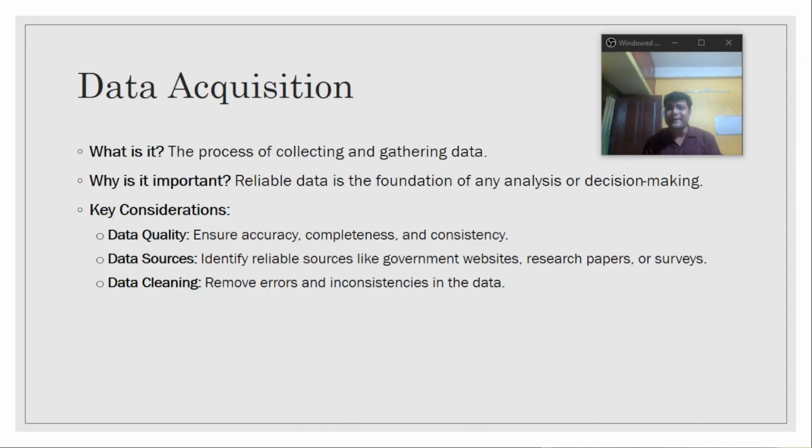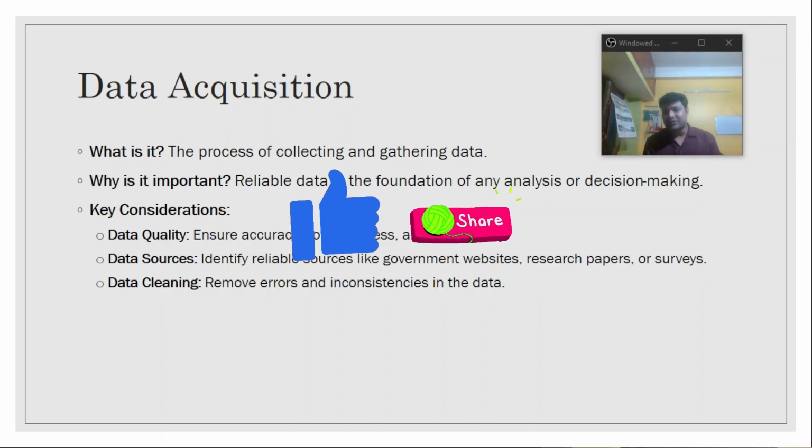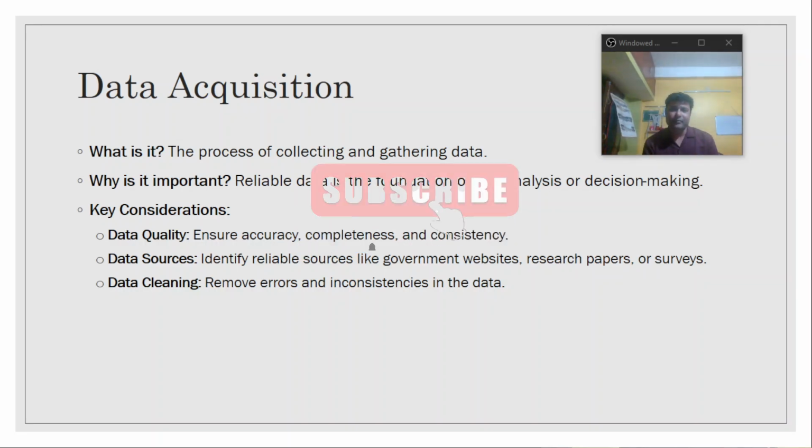The process of collecting and gathering data, such as, imagine a dataset regarding a patient, where patient details and their medicine and their observation details of a patient.